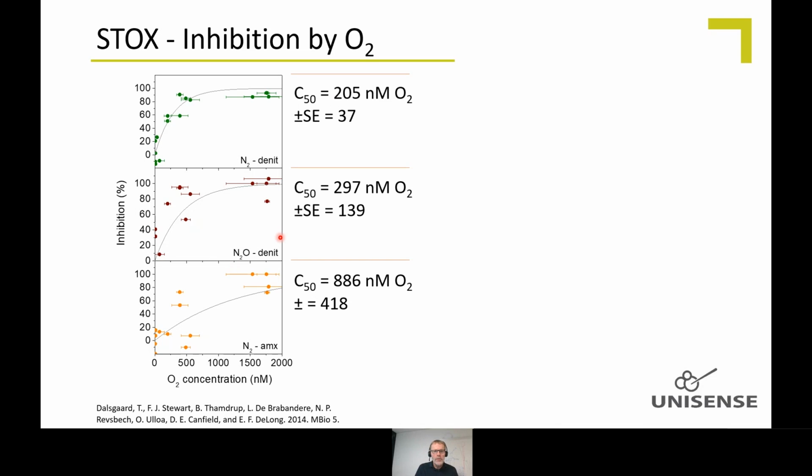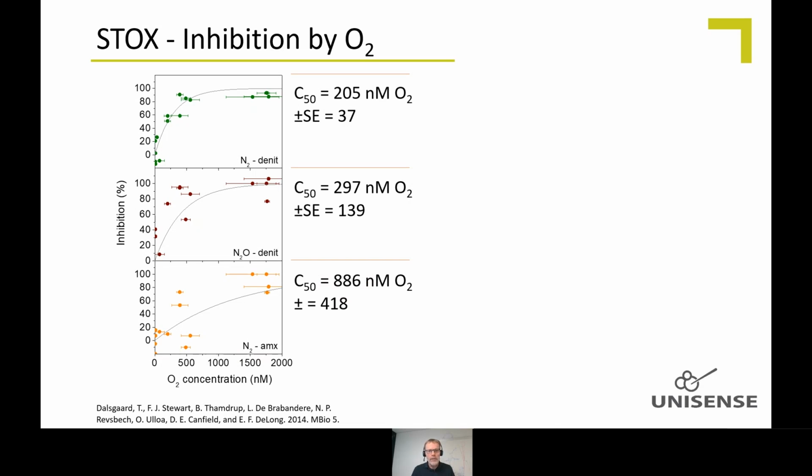The data for the N2O production by denitrification was not nearly as nice, but we still did the fit, and we also did it down here. In this case, the N2O production was inhibited 50% at around 300 nanomolar oxygen, and N2 production by anammox was inhibited about 50% at about 900 nanomolar of oxygen.